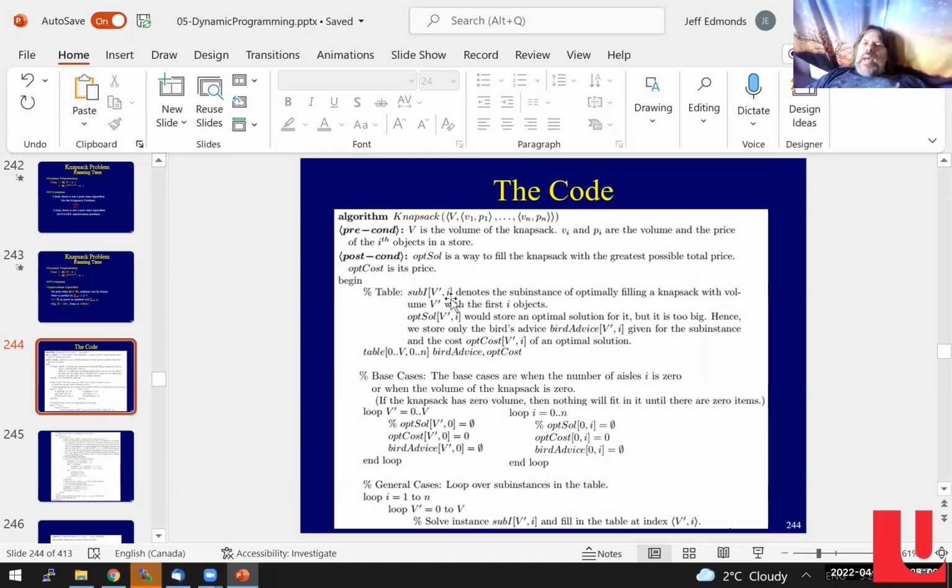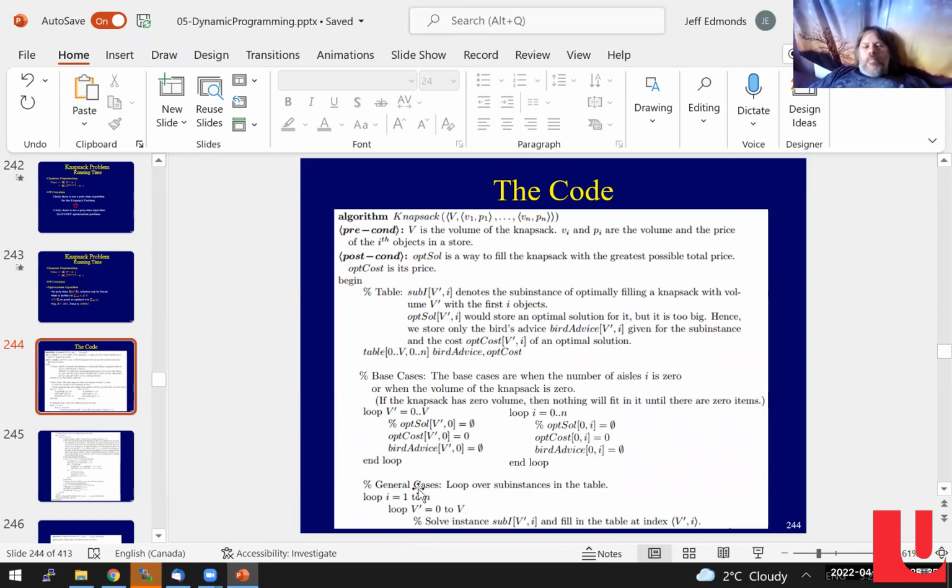If we solve the smaller ones first, then when we need help, they will already be solved. Does that make sense? So forget the word base case right now. Let's skip it and go on to the rest, and then we'll remind ourselves to go back and ask about base cases.